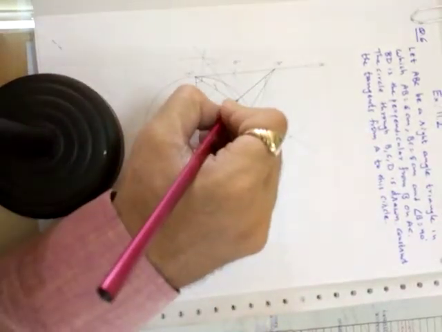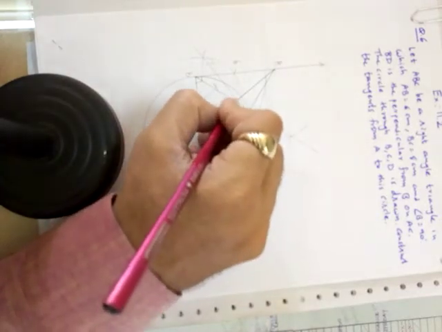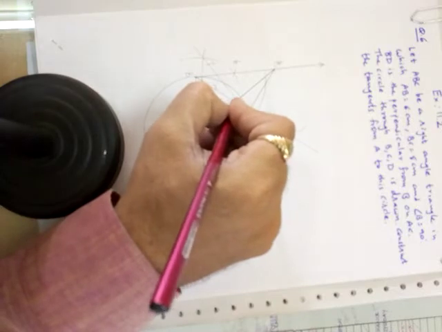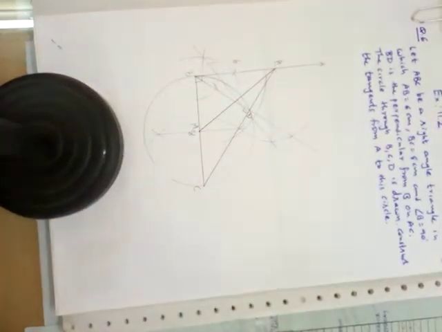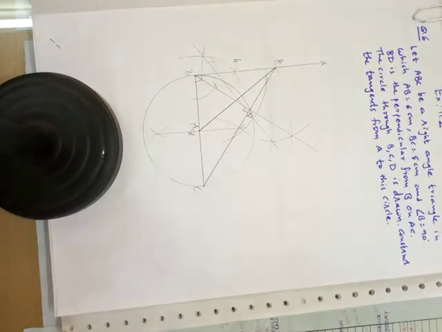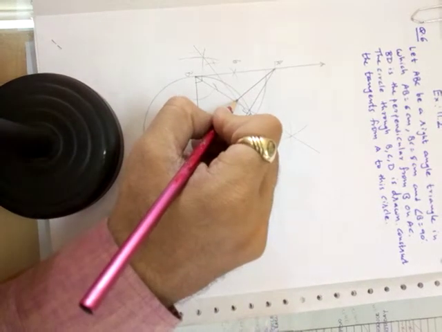So this is your midpoint, and taking the midpoint as center, we construct another circle. Here we name the midpoint M dash.